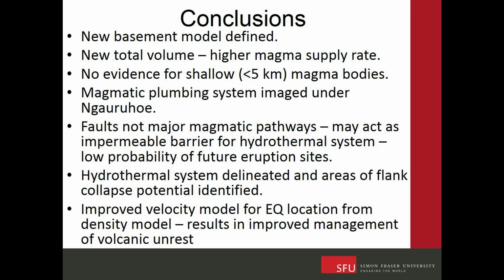And so when you're talking about volcanic unrest with, say, magma intrusion that's generating earthquakes, having an accurate velocity model to locate those earthquakes is very important in terms of getting the correct depth. So it's possible that the density model we could convert to the P-wave velocity at least and use that as a proxy for a velocity model. And that's all.